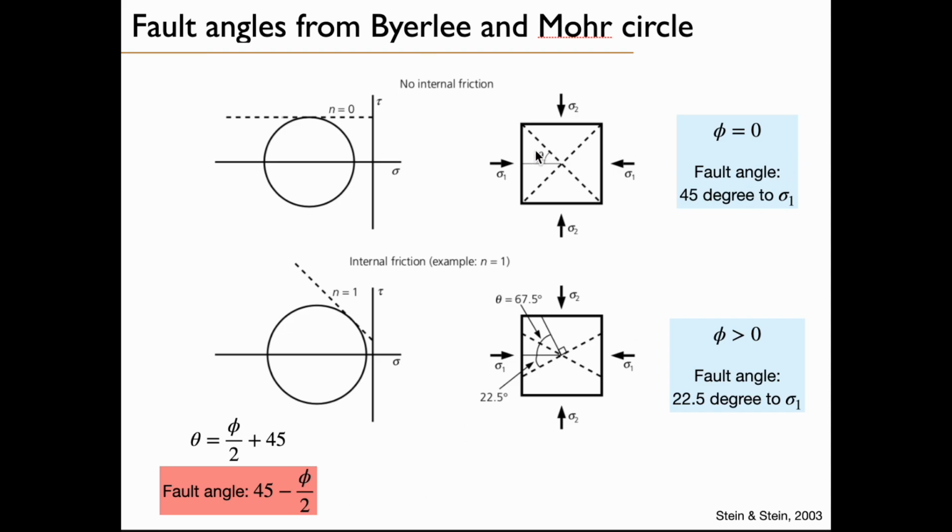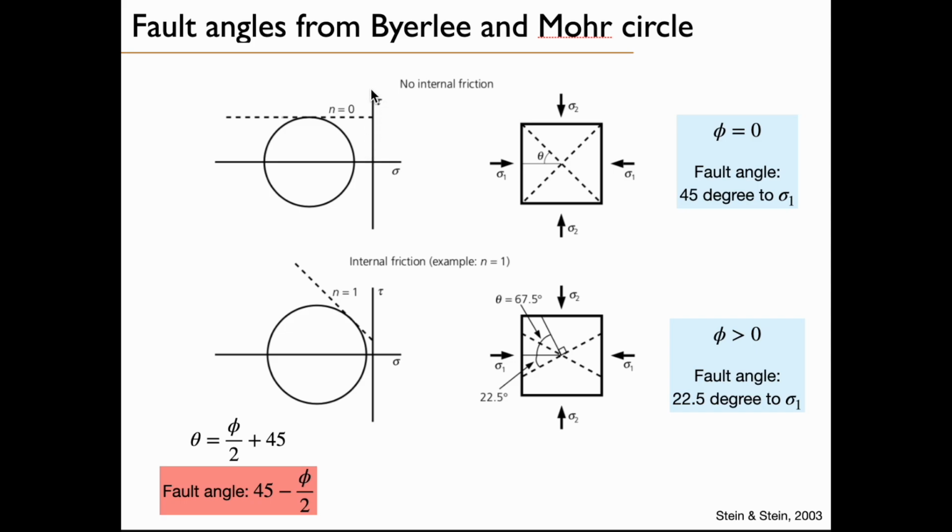So the fault zone will develop at 45 degrees from the direction of sigma 1. That's if there is no internal friction. That is plasticity without friction.